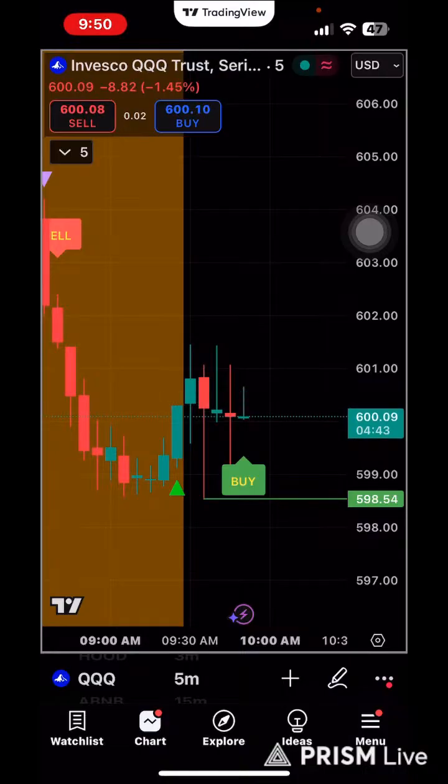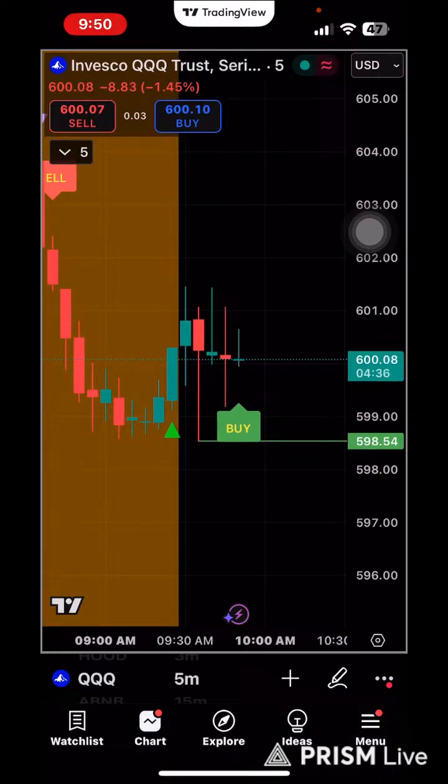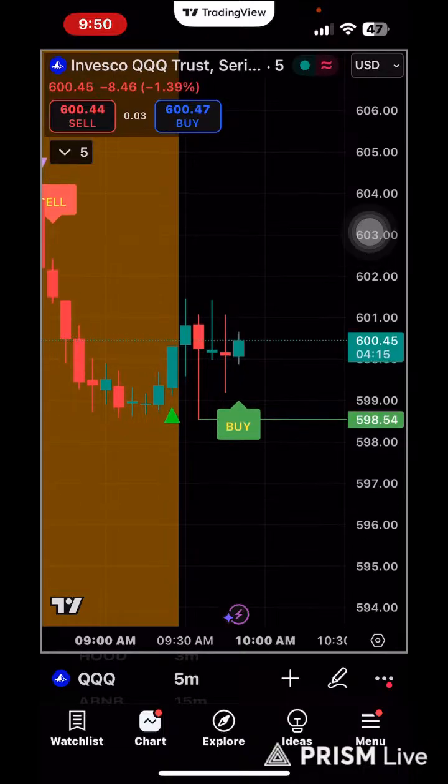So I would be going 0 DTE on Q, and the strike price that's going to get you the most momentum is an at the money strike price. So right now we're at 599.93, so at the money would be about 600. If you could do a 600 strike price, either put or, let's say you wanted to do a call, I wouldn't take a call here.